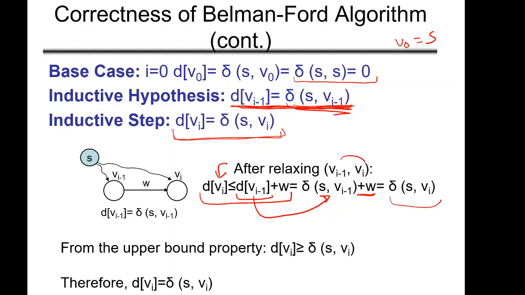Because the convergence property says that if the shortest path from S to V goes through U, then if you find the shortest path till U and then relax the edge to V, you will get the shortest path for V as well. So with this property we can conclude that after relaxing, the value of d of Vi is less than or equal to this.